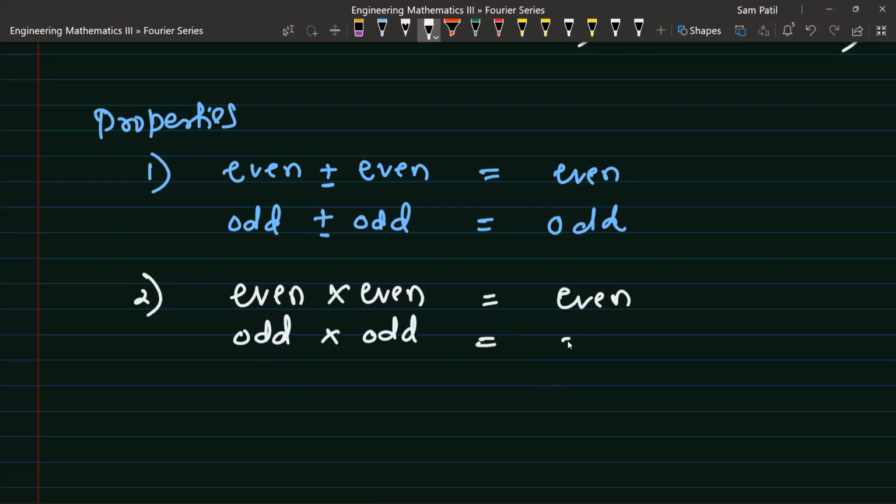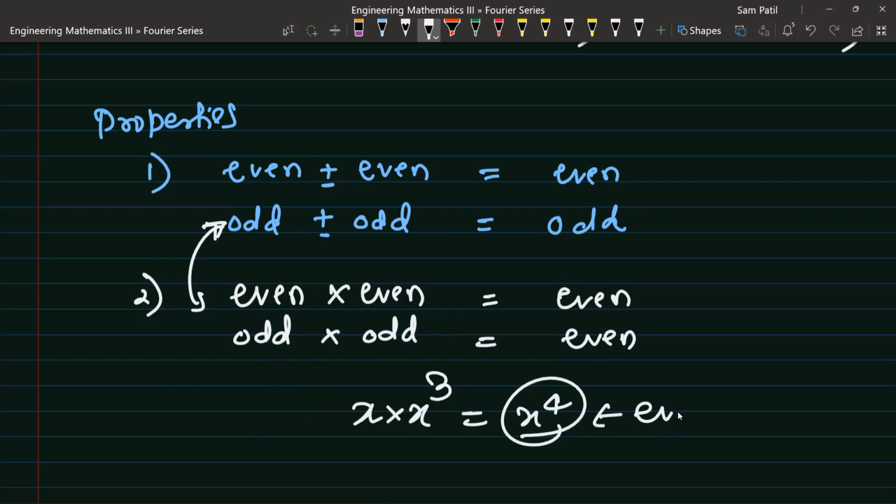Even. So these two properties you may get confused about. If addition and subtraction is there, then odd plus odd is odd and odd minus odd is odd. But in the case of multiplication, odd into odd is even, because x into x cube becomes x raised to 4, and it is even.